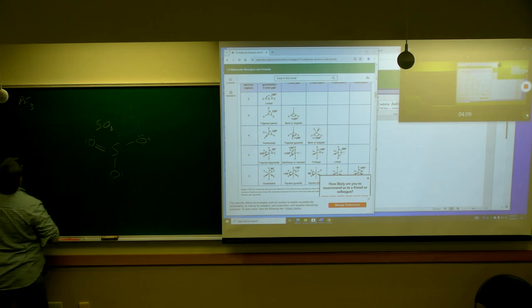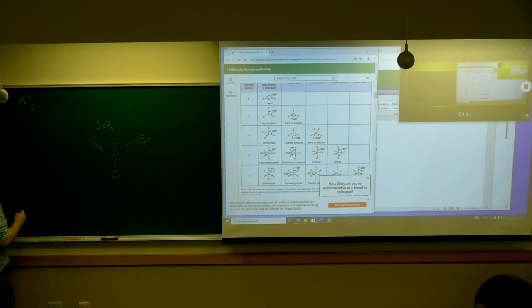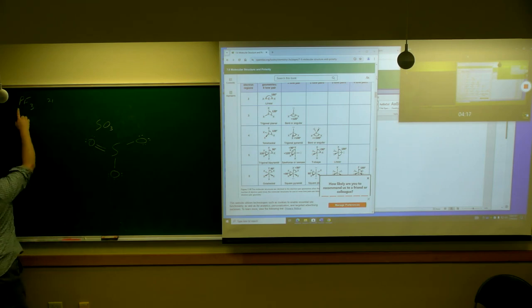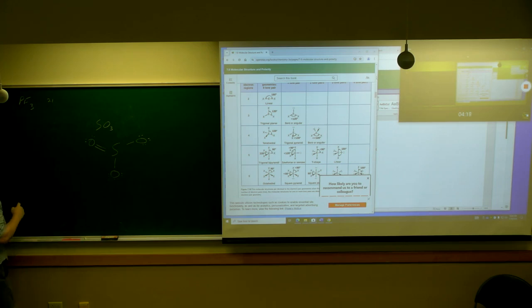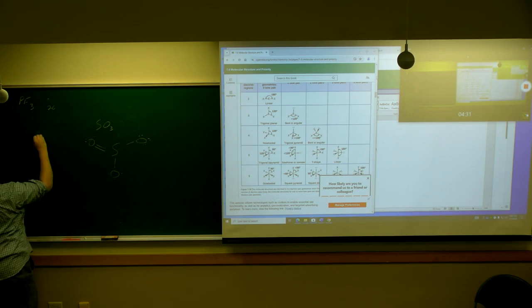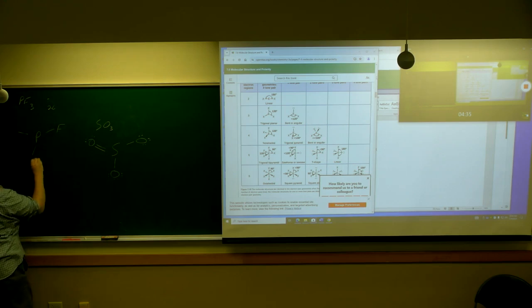PF3, how many valence electrons in fluorine? 7, and there's 3 of them, so that's 21 electrons. How many for P? For P, it's 5. So 21 plus 5 is 26. So I have 26 electrons. I'm going to put P in the middle, put my F's out like this.